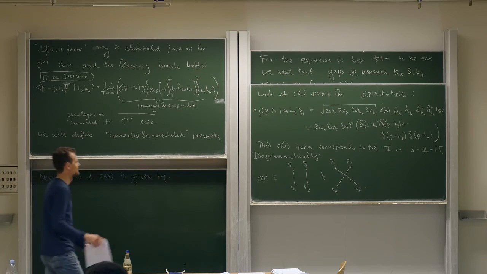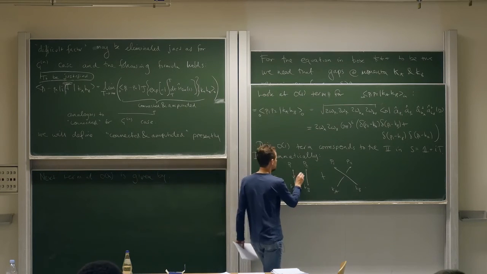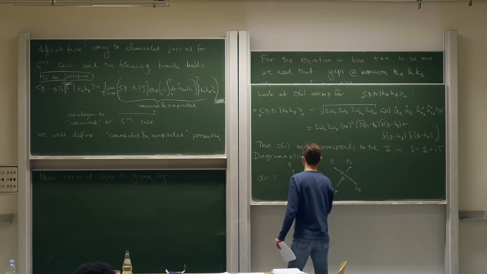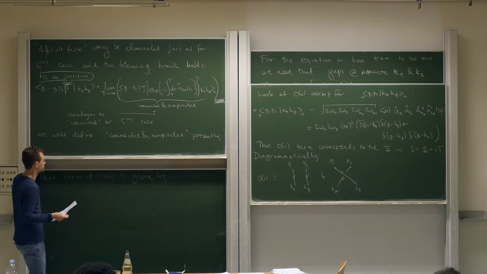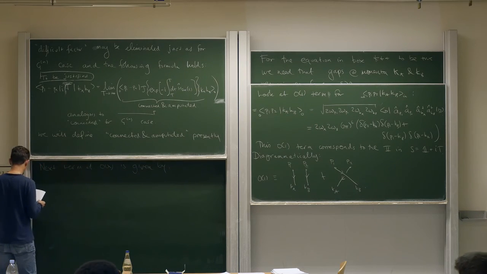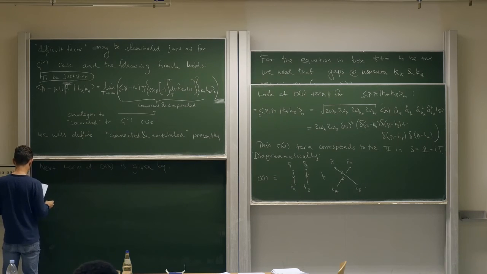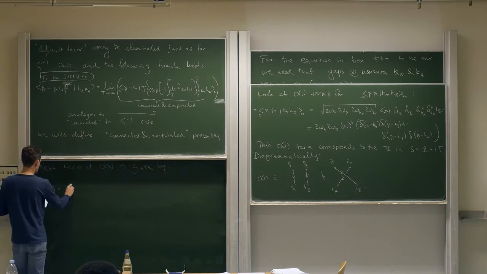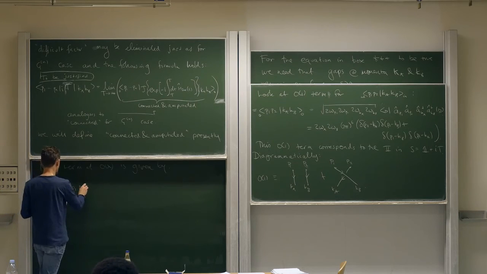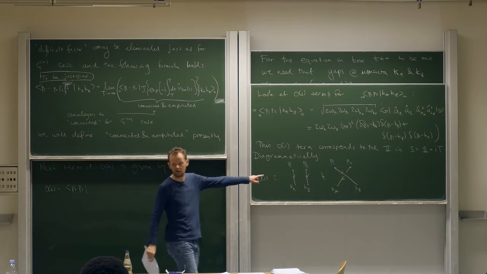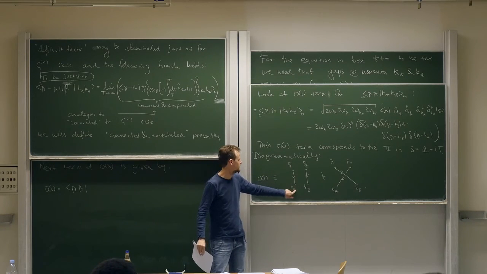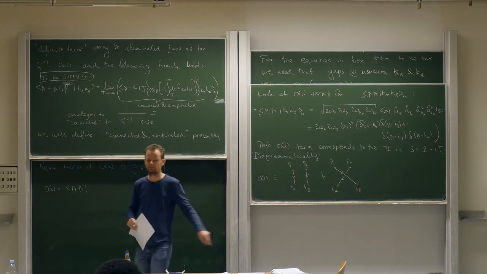We should also make arrows, yes, to be consistent. You're absolutely right. And the Feynman rule of imposing momentum conservation gives us this delta function between P1 and Ka.